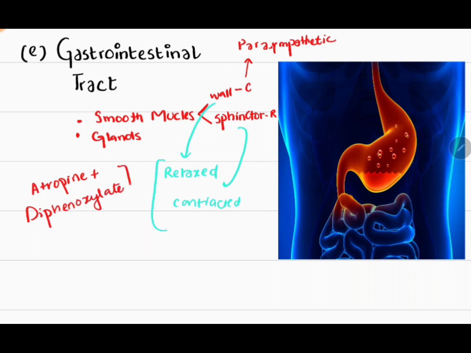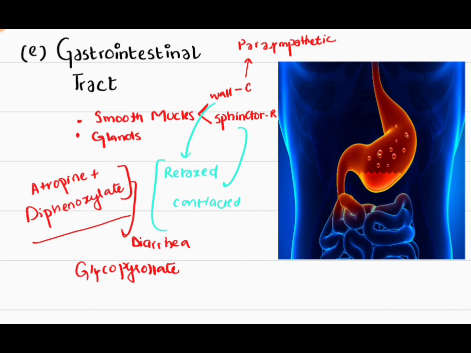So this combination is used for the treatment of diarrhea. Diarrhea is a situation in which the gastric motility is increased. Also, we have a drug glycopyrrolate, which is given to reduce the secretions of the GIT as well as the respiratory tract.